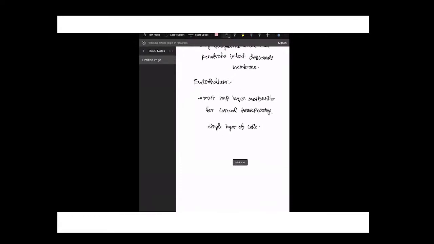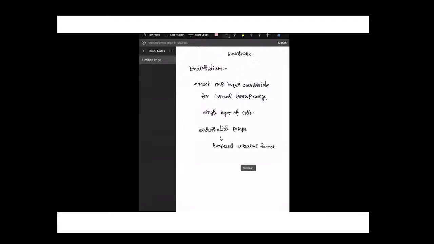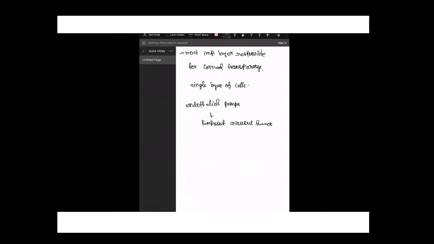We have endothelial pumps present in this endothelial layer. These pump out the aqueous humor and keep the cornea dry.